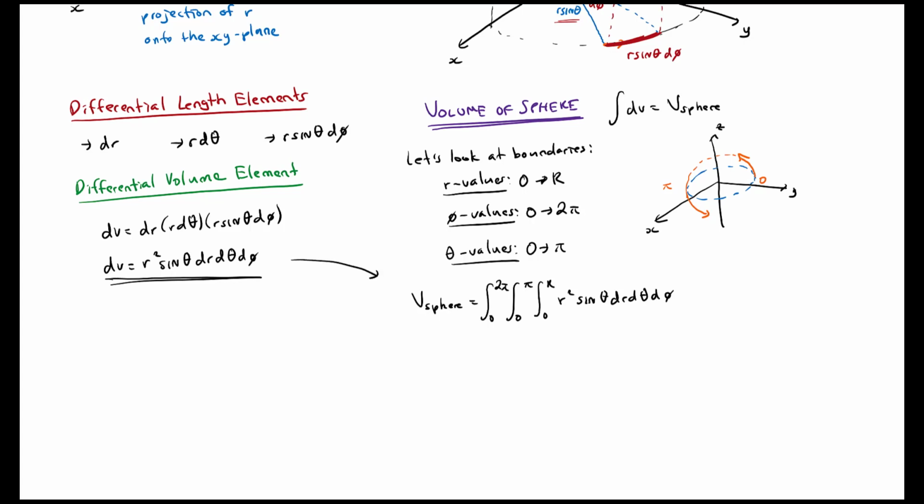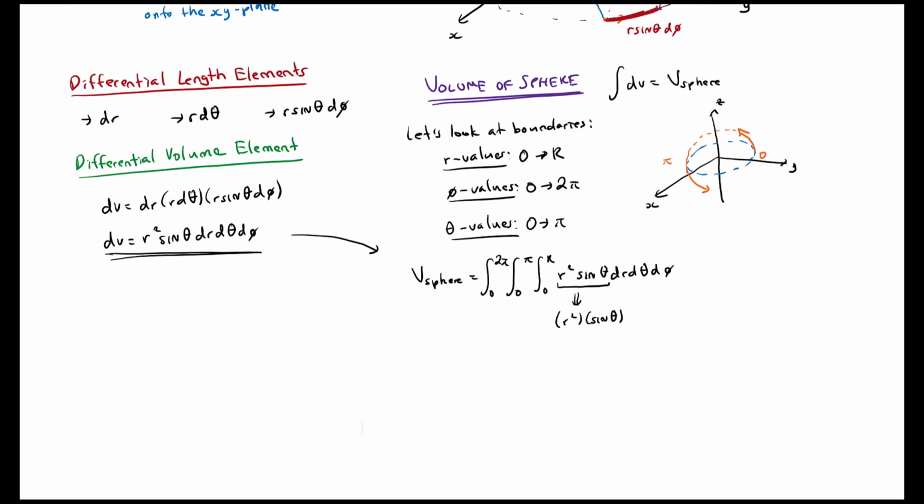So we just put that in there. And once again, we try to see if our function inside is separable. I can separate it into r squared times sine of theta. So that means I can separate this into 3 individual integrals.